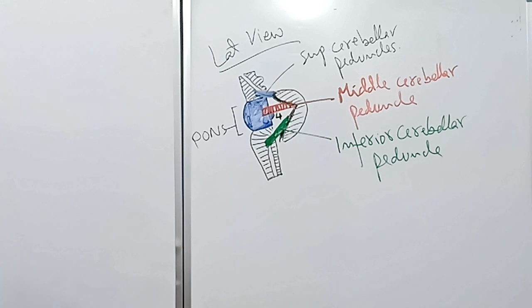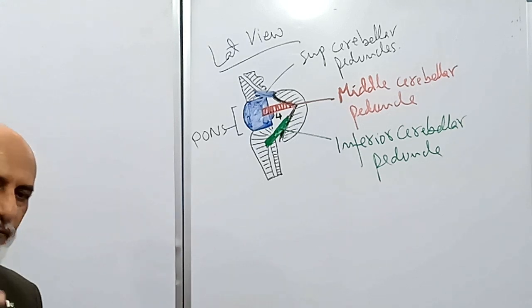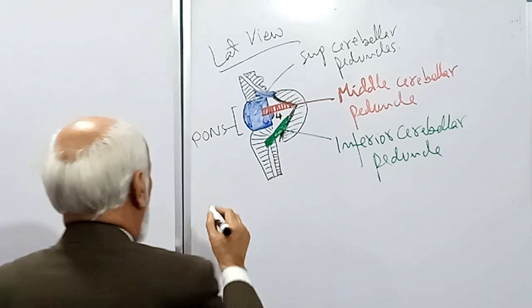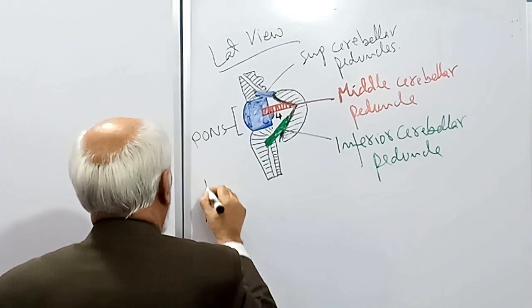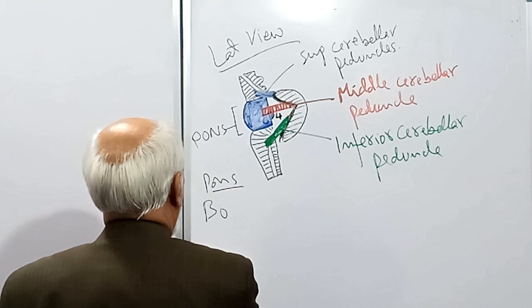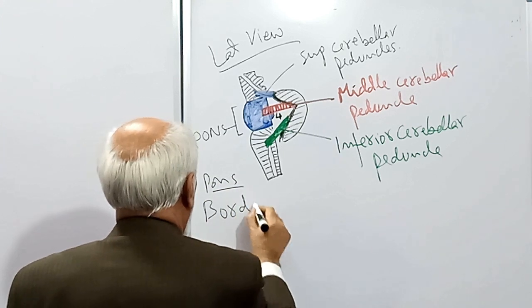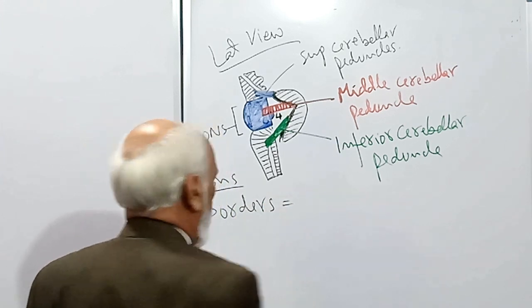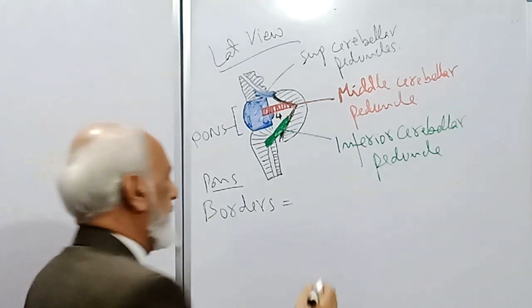Now each pons has two borders, superior border and inferior border, and an anterior surface and posterior surface.